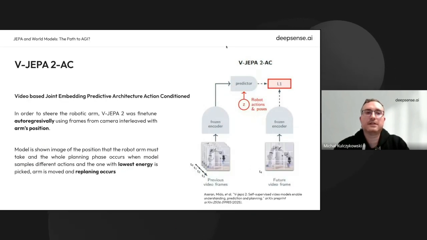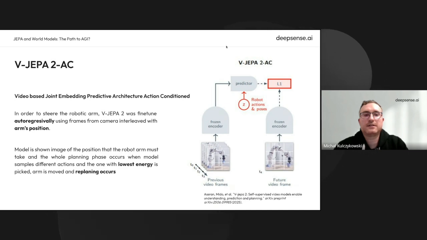What is very interesting about V-JEPA is its approach to the robotic arm. Here we have a model that has both encoders frozen, and only the predictor is trained on 64 hours of robotic arm movements.